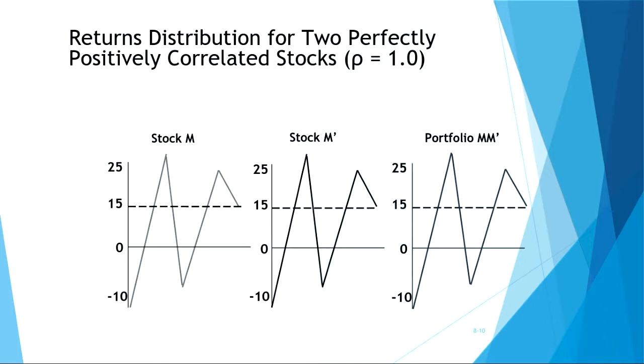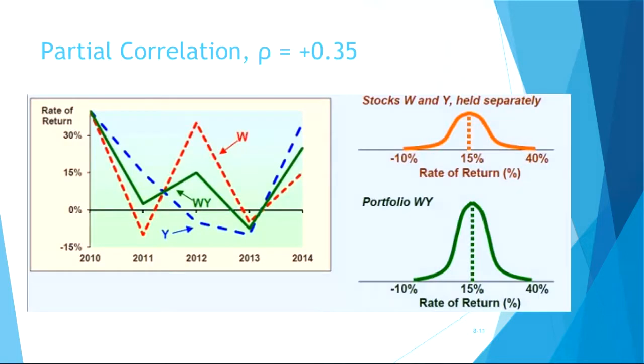Because both are moving in the same direction. So in terms of decreasing risk, it doesn't make any sense adding a perfectly positively correlated stock to your portfolio, right? In the usual case, it's partially correlated, like this one.